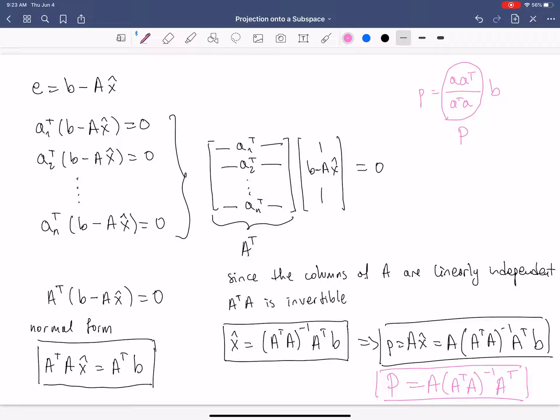These are the equations. There is nothing more. So tomorrow we will see that this x hat, so I'm going a little bit ahead, but this x hat will be the least squares solution. We'll revisit this tomorrow. This p is the projection of b onto the column space of A, and this capital P is the projection matrix onto the column space of A.